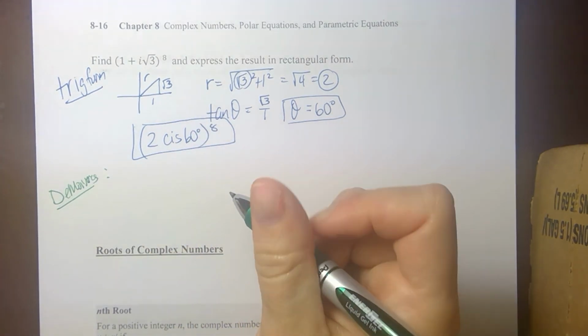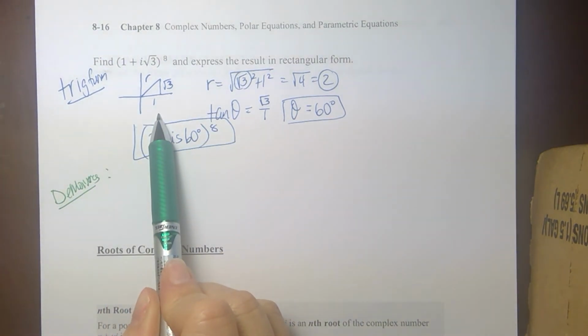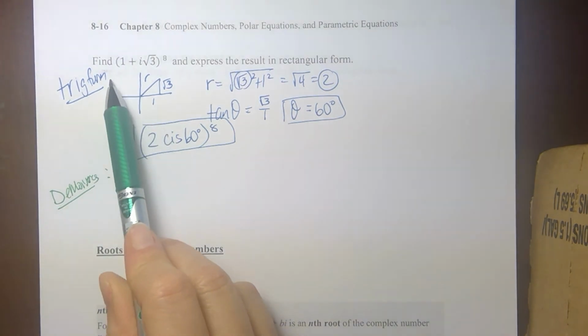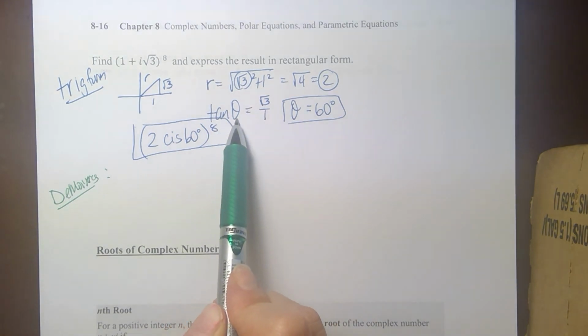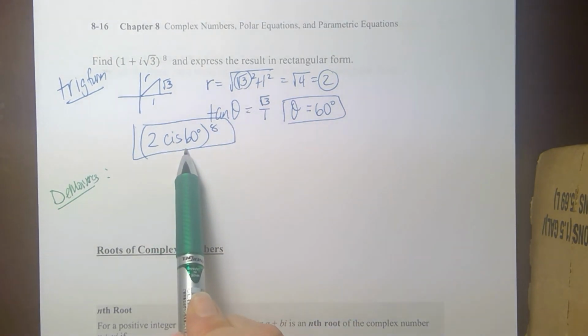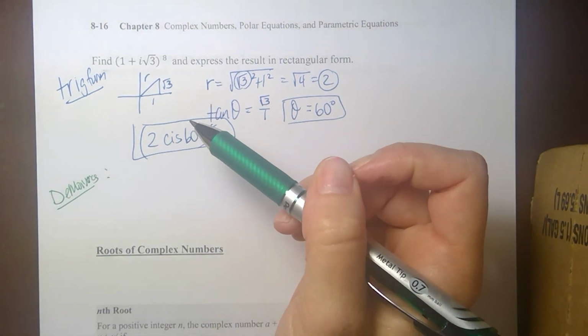Okay, I'm going to walk you through a little bit of this. I found the trig form of my value by sketching my angle into quadrant 1 because both a and b are positive, finding r and finding theta so that I have 2 cis 60 degrees to the 8th power. Now I'm going to use de Moivre's theorem.